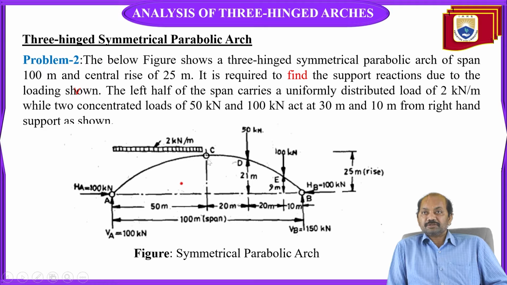Symmetrical means with respect to this central axis, there should be symmetry. You can observe this figure. Along the axis C, the shape is similar on either side of this axis, so it is called symmetrical.